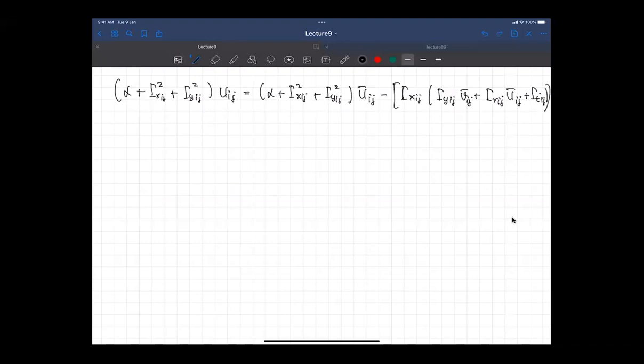Okay, so what we are now doing is that we want to have this uij. At the end of the day, we want to have that uij. It's still some steps.